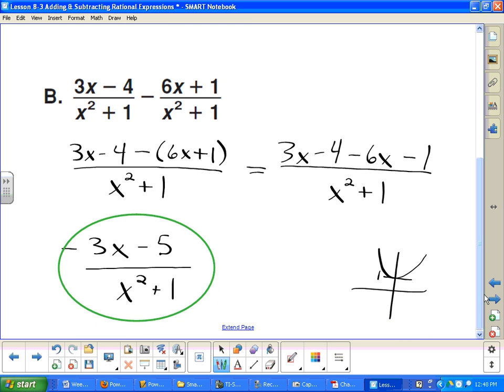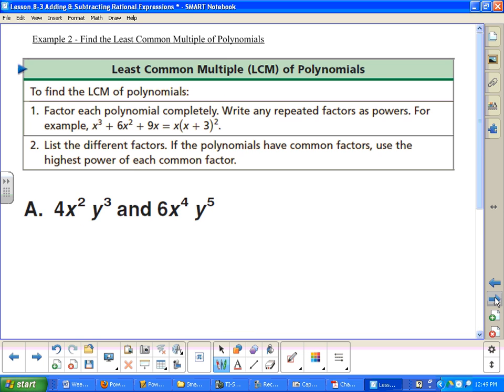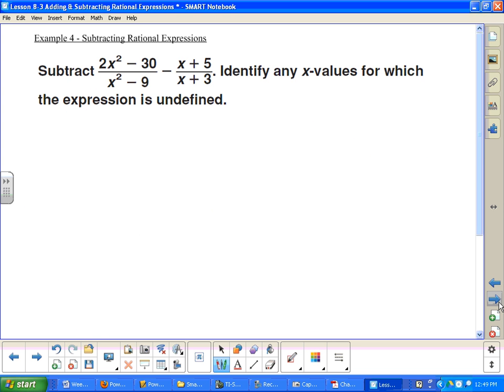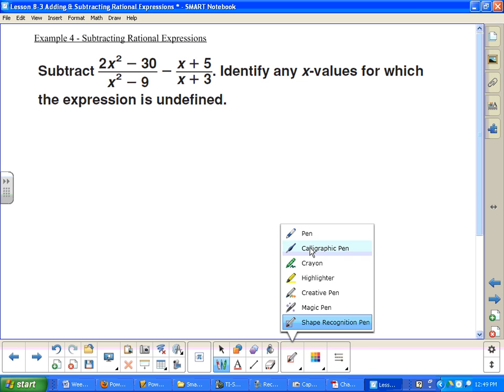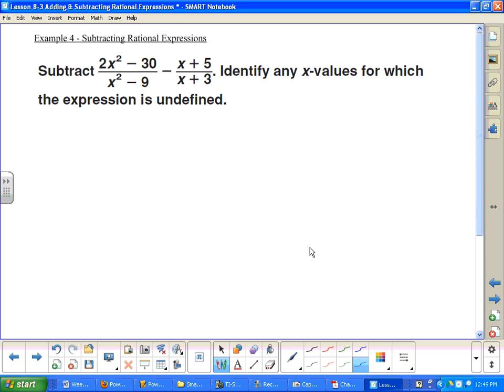You could write out the whole thing like I did here in the first step, or you can go right to the second step. It's not so easy to do that when your denominators are not the same. So adding that other step in there is a really good idea.